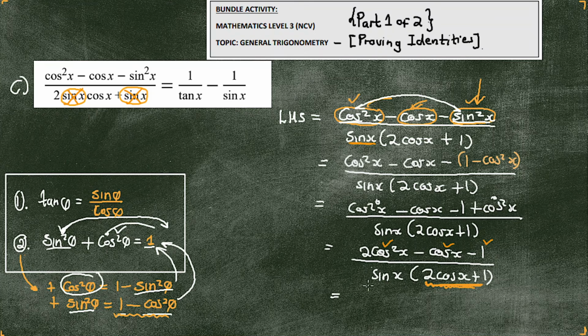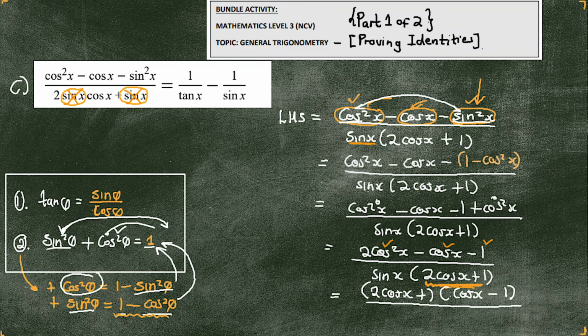Remember whenever you are factorizing a trinomial, there should be 2 brackets. So the first bracket is this 2 cos x plus 1, and then the second bracket, it's obviously gonna be cos x minus 1, if you know your factorization.